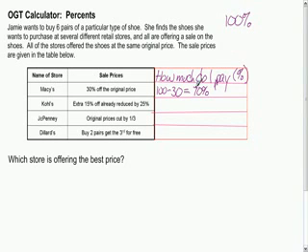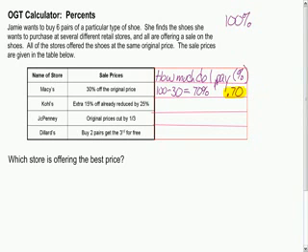So I have to pay 70% if I'm buying them at Macy's. Okay, now 70% as a decimal, just so that everything's in decimal form, would be 0.70. So that's my first answer that I'm going to use to compare.